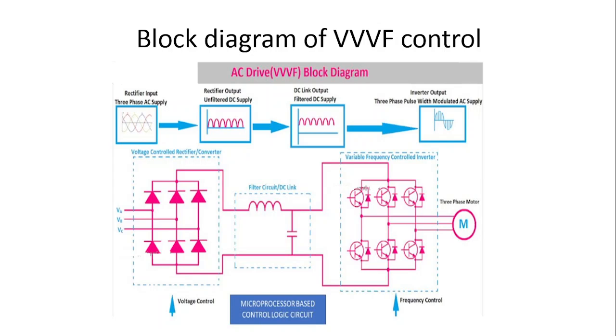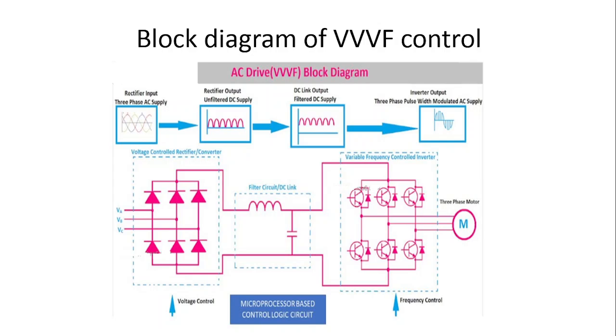Whenever we want a variable voltage, it is generally preferred to have SCR or IGBT switches for the three-phase rectifier unit. The three-phase rectifier unit converts the given three-phase AC supply into a DC supply. The DC supply is an unfiltered DC supply.